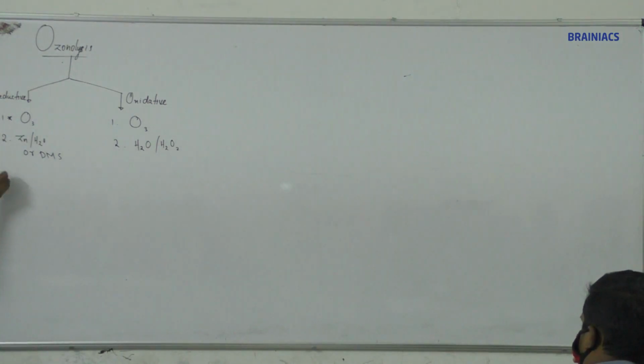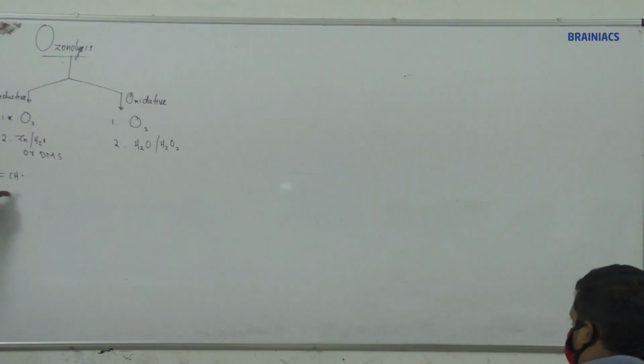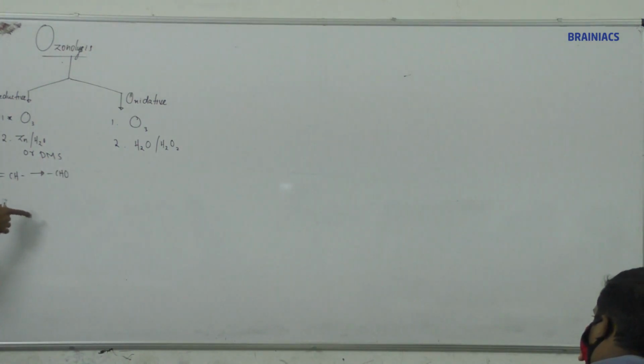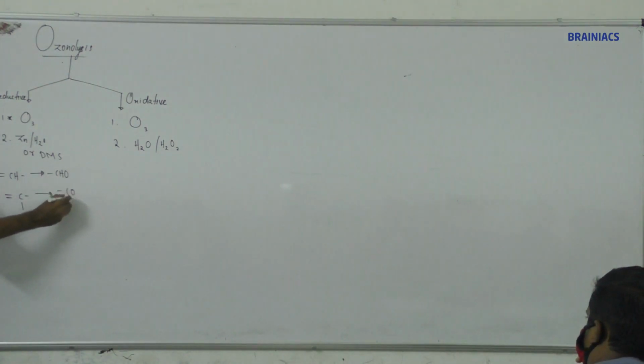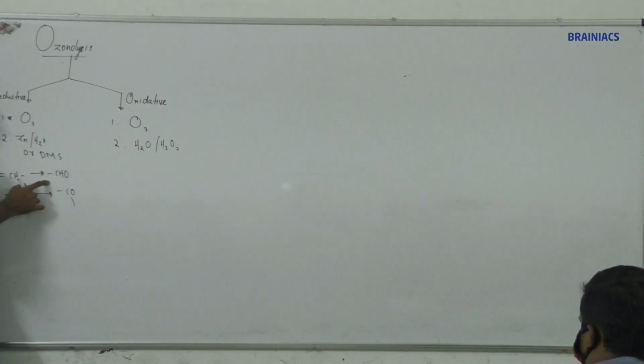So here, in reductive ozonolysis, double bond with hydrogen becomes CHO. Double bond without hydrogen becomes CO, just like your oxidation using KMnO4. But here it is only CHO.